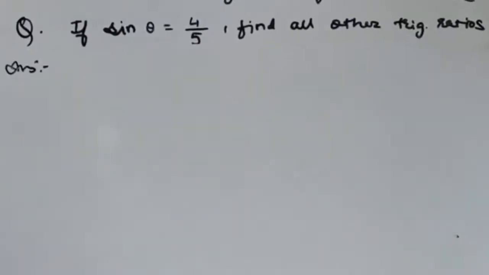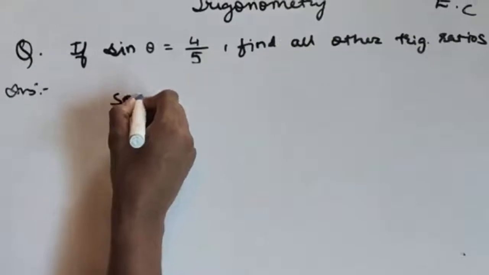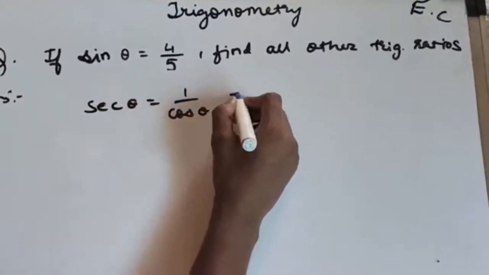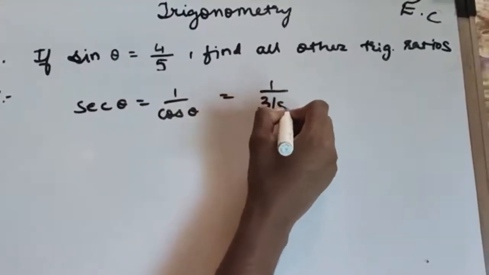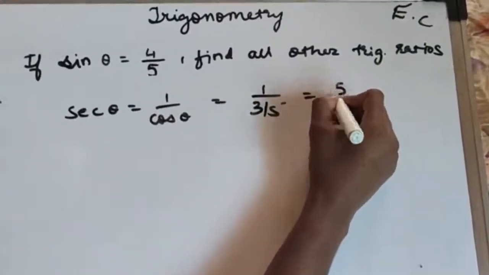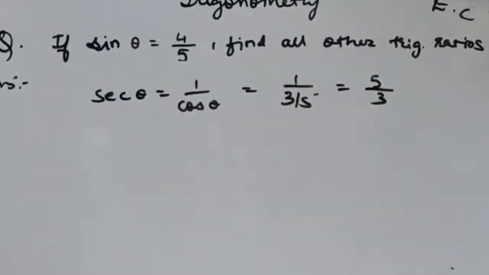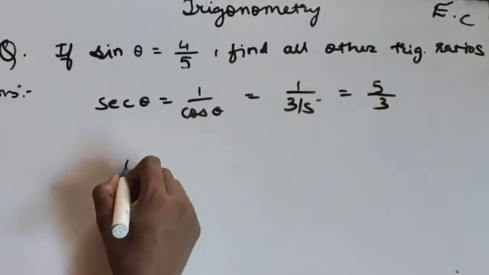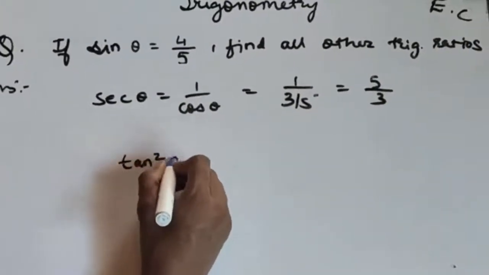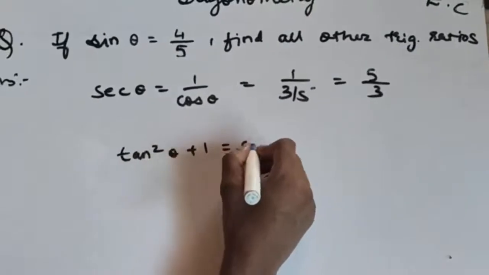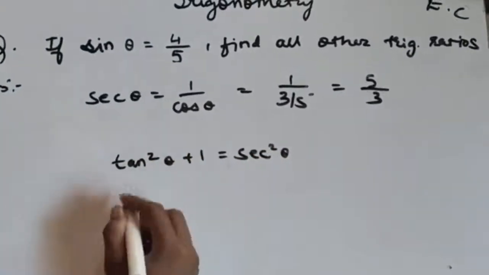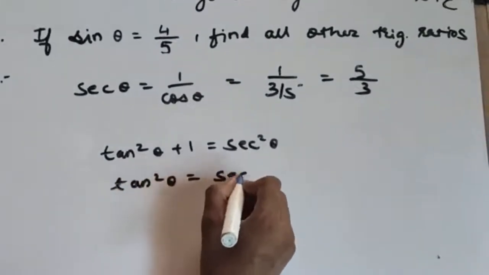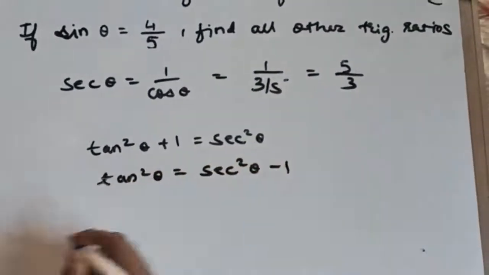Since we know that sec theta is equal to 1 upon cos theta, it will be 1 upon 3 by 5, which is 5 by 3. So from sec theta we can find tan theta by using the identity. Tan square theta plus 1 is equal to sec square theta. So tan square theta is equal to sec square theta minus 1.